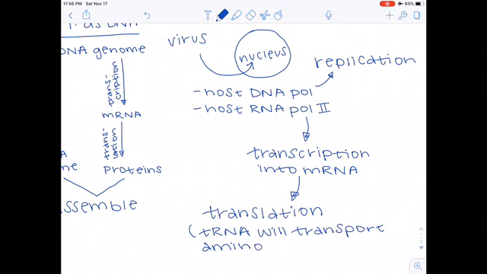And this is how the viral DNA will go from replication here to transcription to translation.